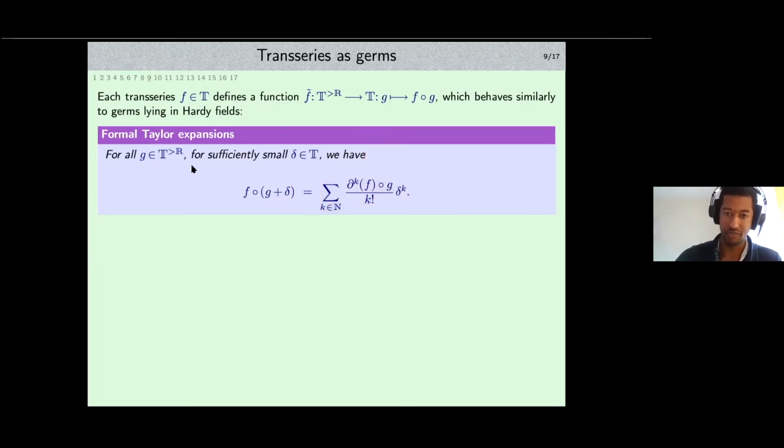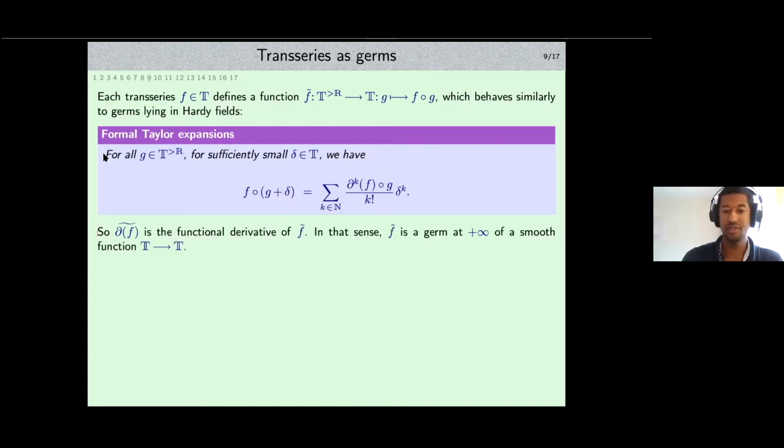And so using this, we can see that actually the formal derivation behaves like the real derivation of a function. So this function is differentiable because if you have a Taylor series, then you are differentiable.